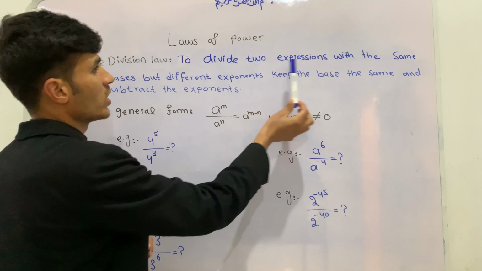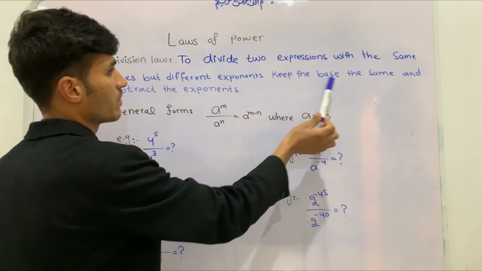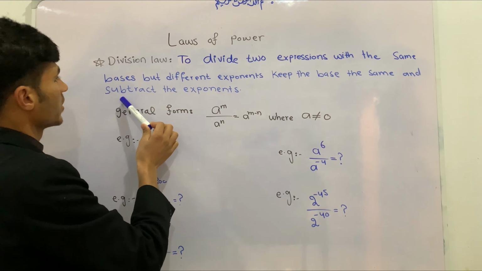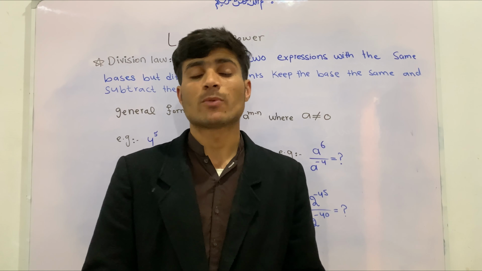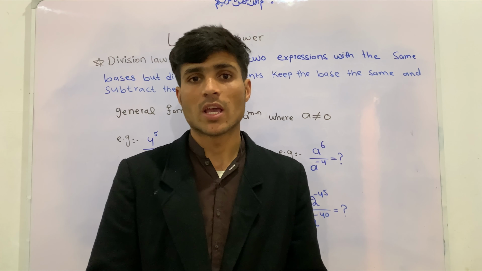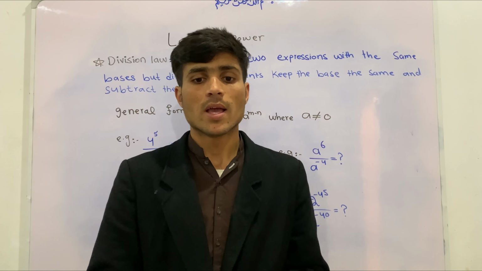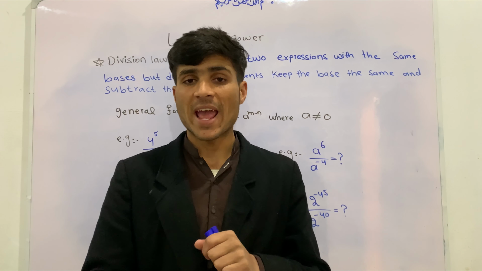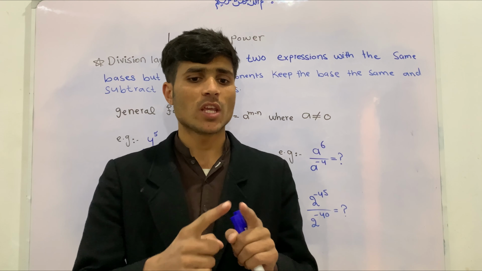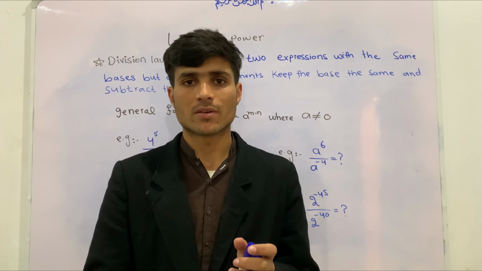To divide two expressions with the same bases but different exponents, keep the base the same and subtract the exponents. If you are given two expressions in division, not in multiplication, and these expressions have the same base but different exponents, you keep the same base and subtract the exponents from each other.